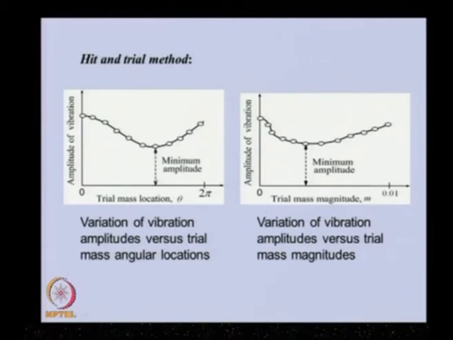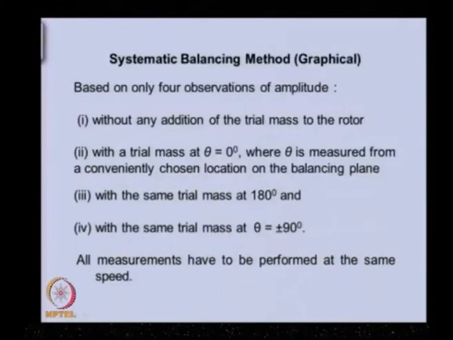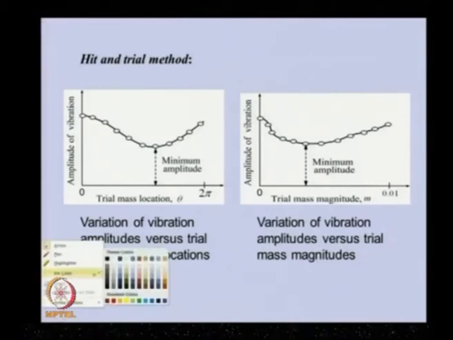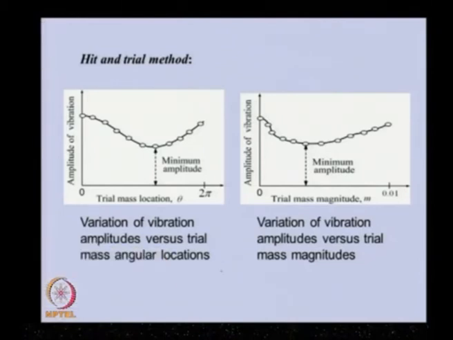So, once we have found out the angle at which, in a rotor, I am talking about a rotor angular position. Let us say this is 0 angle, and corresponding to this, if it is let us say 120 degrees, then we need to have the correction plane here.